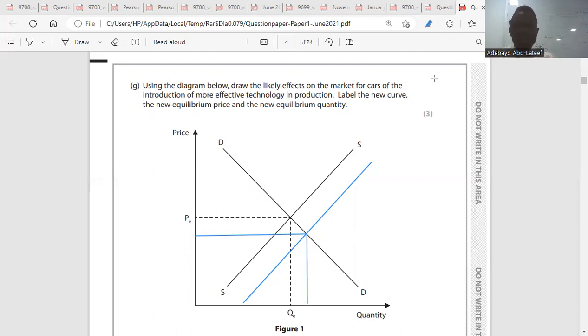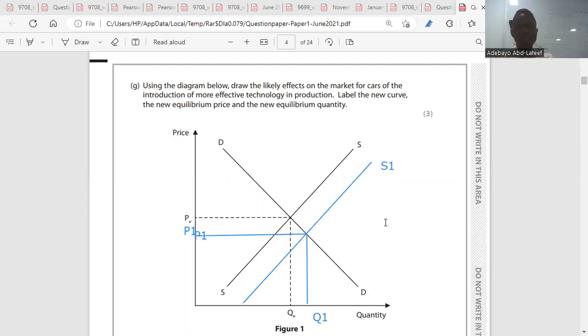So we'll name it. Here we'll name it Q1, then we have P1, and here S1.